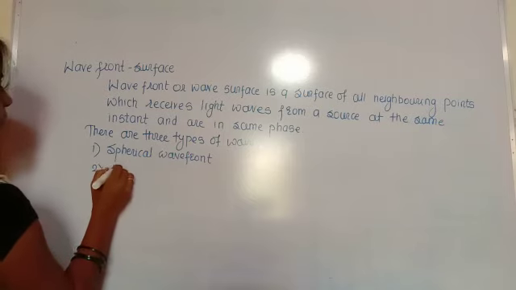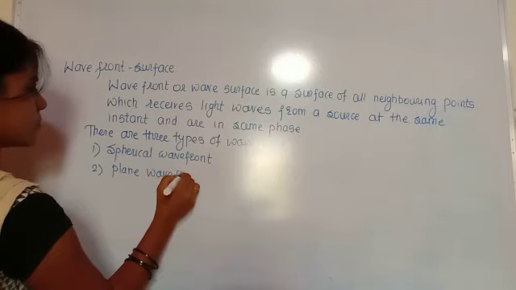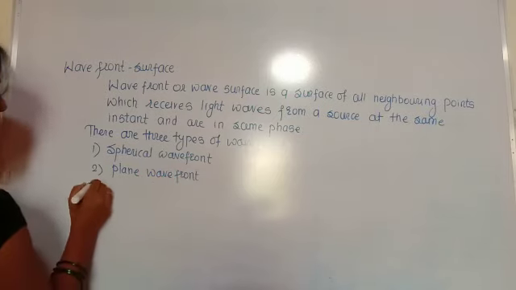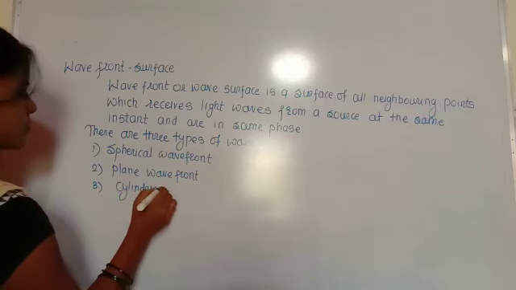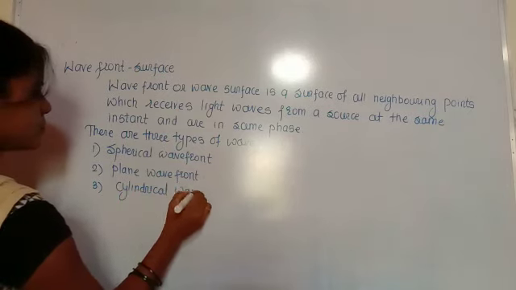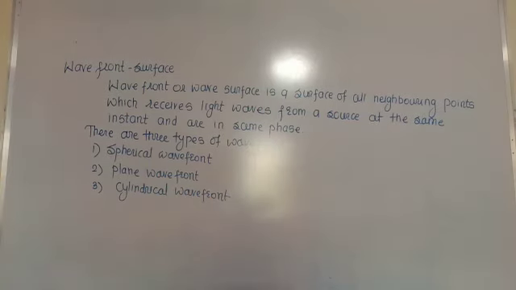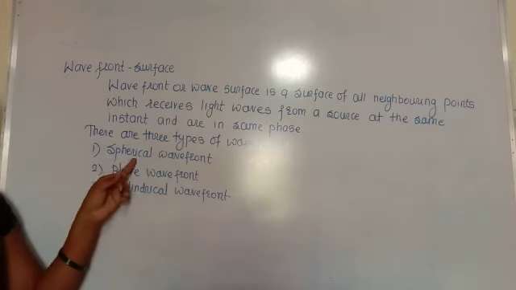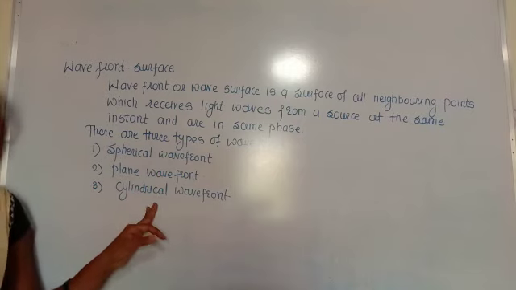Second is the plane wavefront. And third is the cylindrical wavefront. Okay, so these are the three types of wavefront. The definition of wave normal and the description of the spherical wavefront, plane wavefront and cylindrical wavefront we are taking in the next class. Okay, thank you.